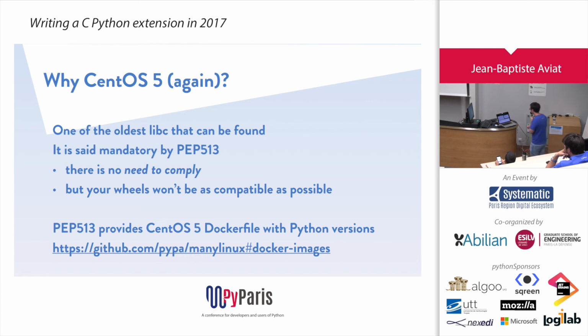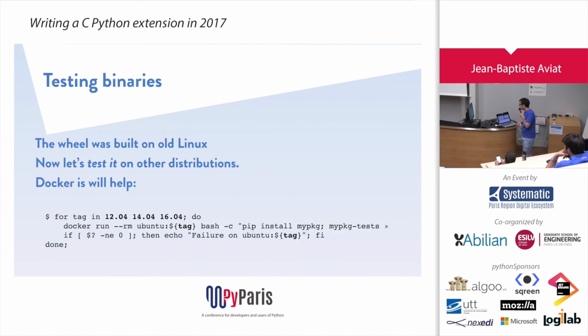And so CentOS 5 has one of the oldest C libraries that you can find on the landscape of Unix distributions. This is why PEP 503 requires you to set this up on CentOS 5. So any Linux distribution that has a libc more recent than CentOS 5 will be happy with your compiled object.